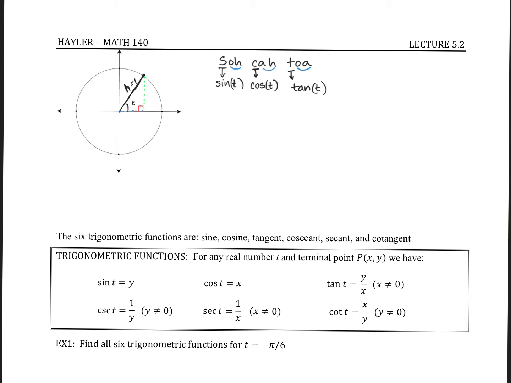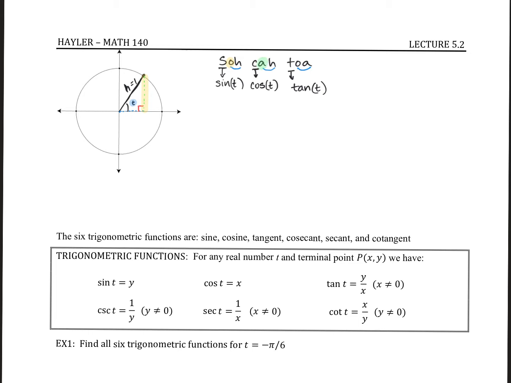Now, O stands for opposite, and that's this side right here. Remember, we're talking about the side directly across from t. And then the last thing we have here, besides O and H, is A. A stands for adjacent.